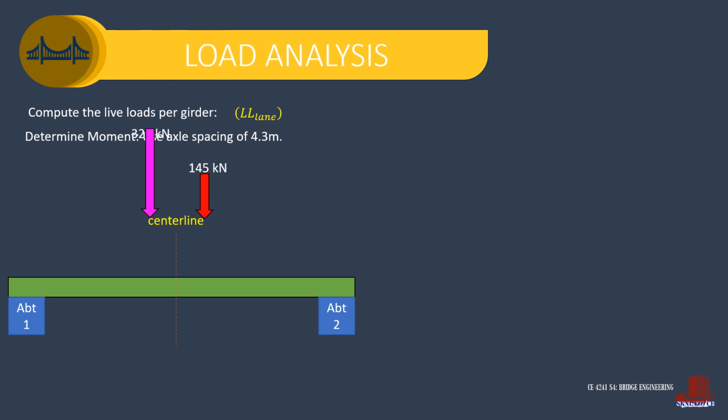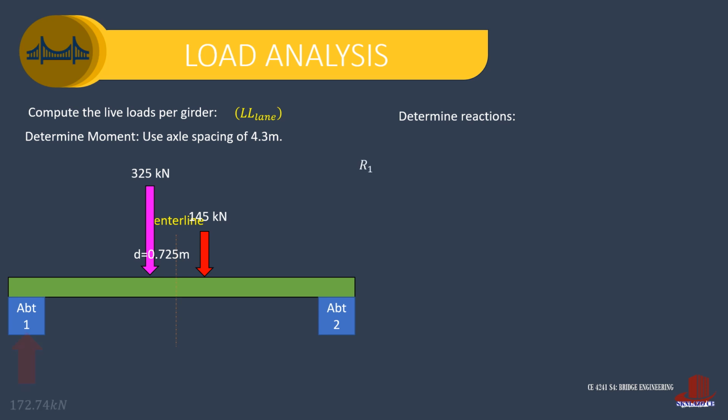Place the design truck on the midspan, where the center line will be exactly between the centroid of the vehicle and the middle axle. This setup will keep a distance of 0.725 meters from the center to either load. Determine the reactions.